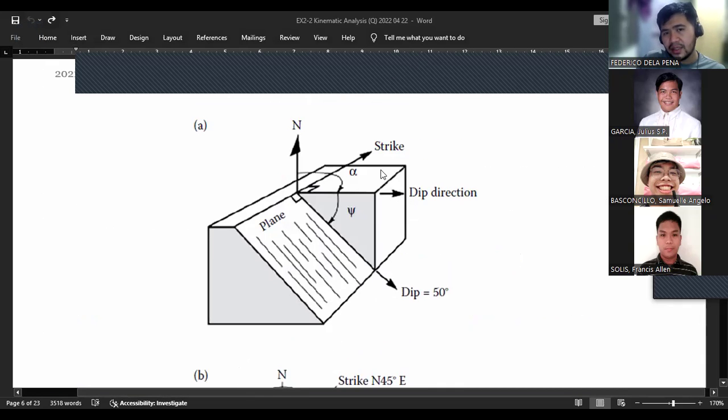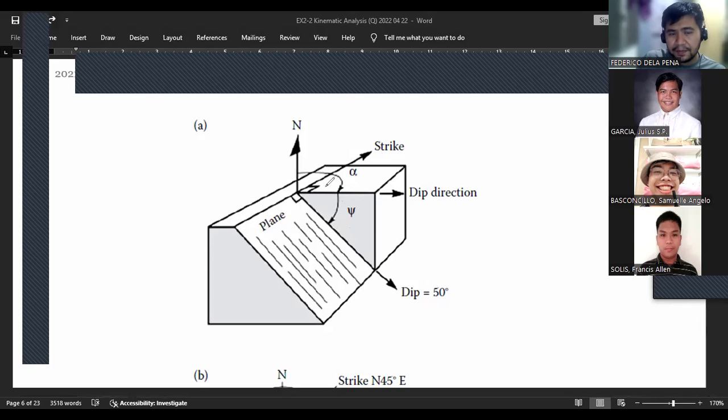Right? Actually, I have a nice illustration here. Okay, this is the dip. And here we have the plane of the discontinuity. In classic geology, we normally use the strike and dip convention. I think that's what you still use in structural geology. I'm not sure.